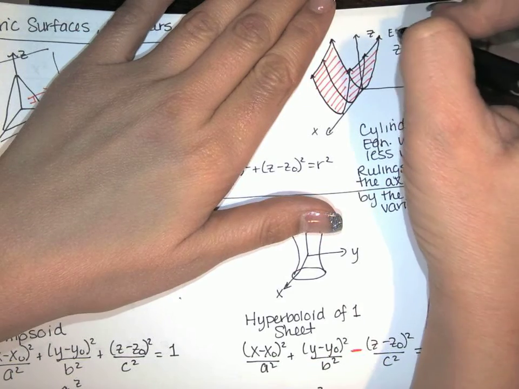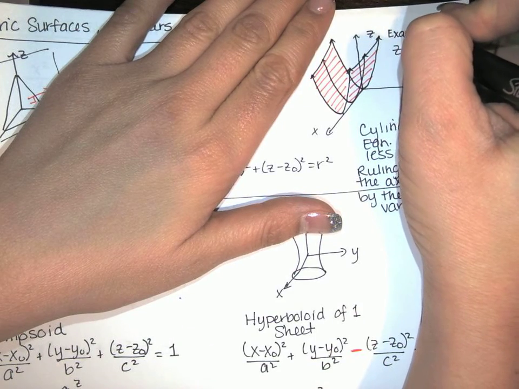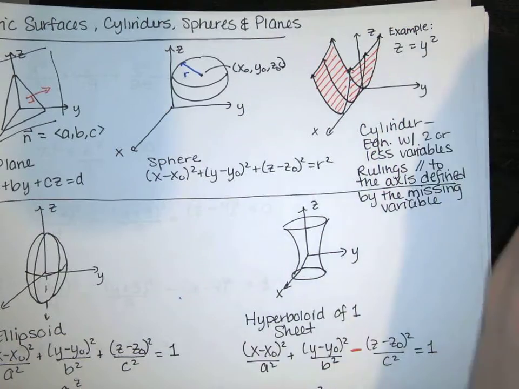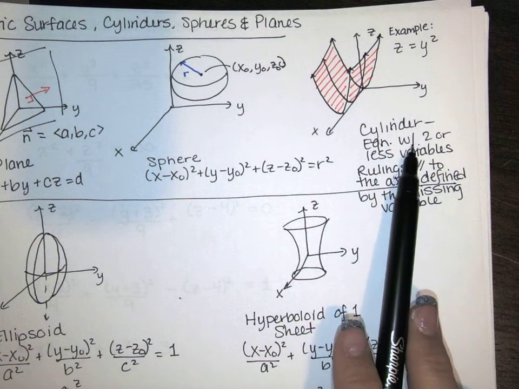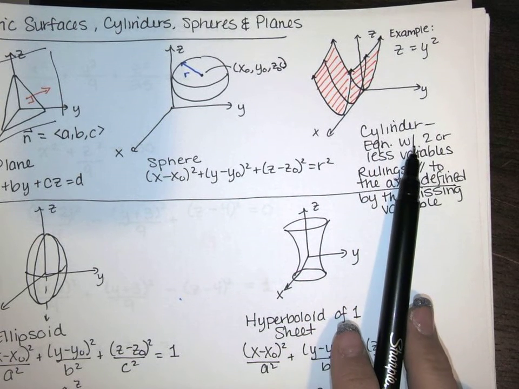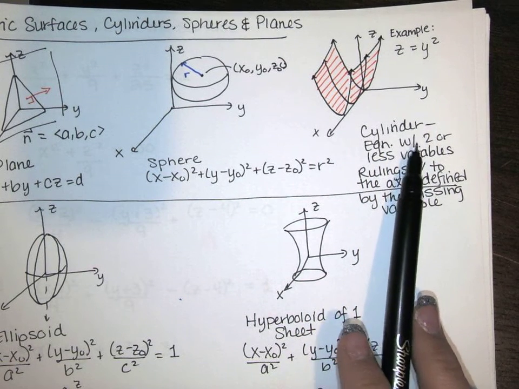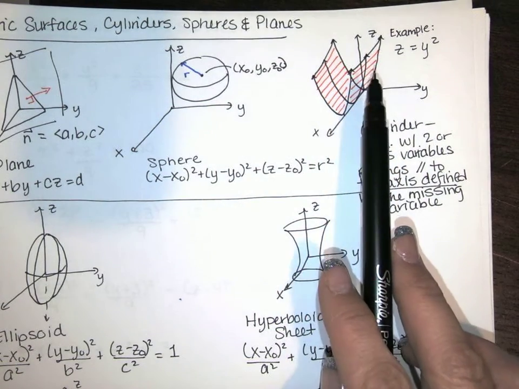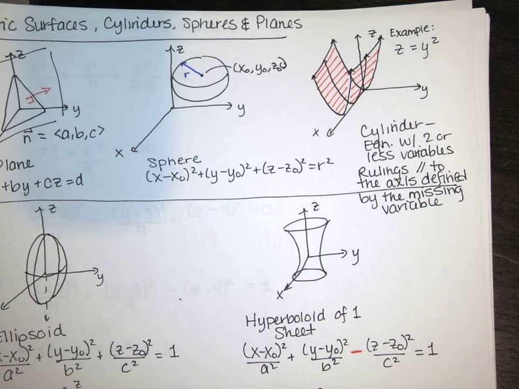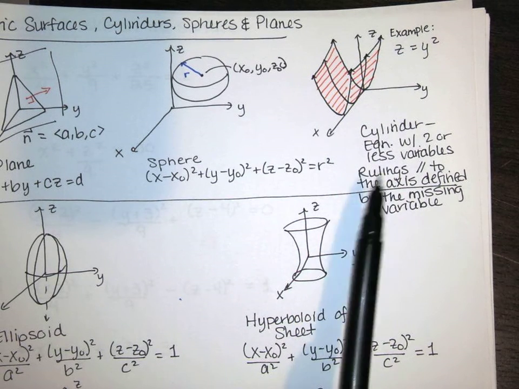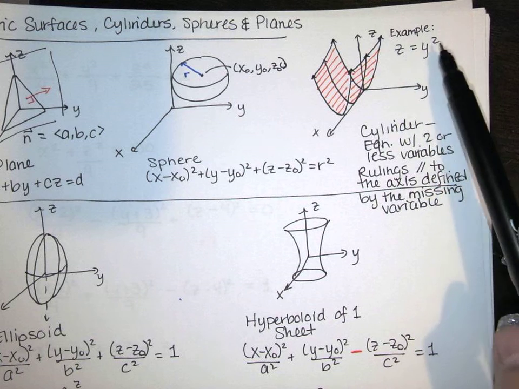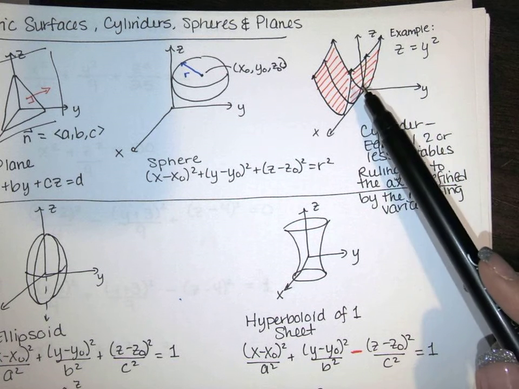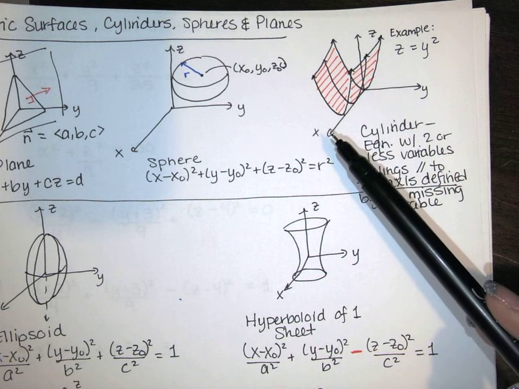That's a lot of words, but basically what it is, in our class we're going to look at right cylinders, and the equations will have two variables or maybe one variable. And the cylinder's rulings, those lines that comprise the cylinder, are going to be parallel to the axis whose variable is missing. So on this one I've got z equals y squared. The rulings in this case are parallel to the x-axis.